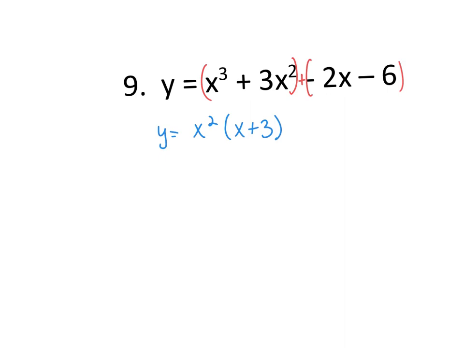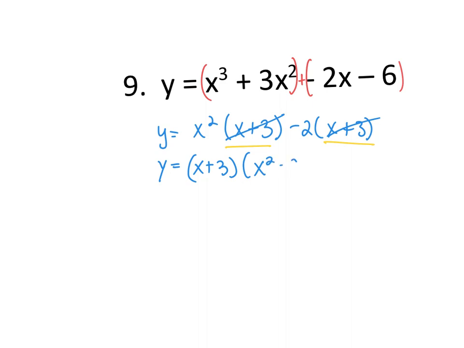And then on the other one, I'm going to factor out a -2. And that turns into x plus 3 as well. Because if you do -2x divided by -2, you get 1. And then -6 divided by -2, you get the plus 3. All right, and then since there's a plus 3 in each term, we can pull that out. And what's left over is x squared minus 2.